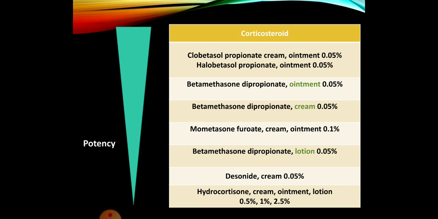In the ointment form, most of the time it is useful as a high potent one, whereas in cream form it is useful as a mid-potent one. As you come down towards the bottom, you see hydrocortisone cream and desonide cream, which have low potent action. So potency decreases from above downwards.